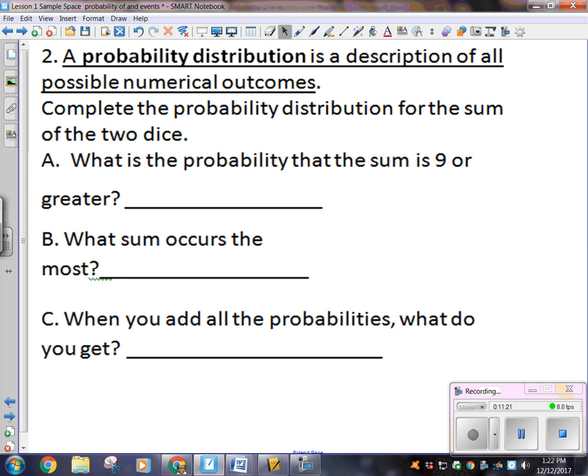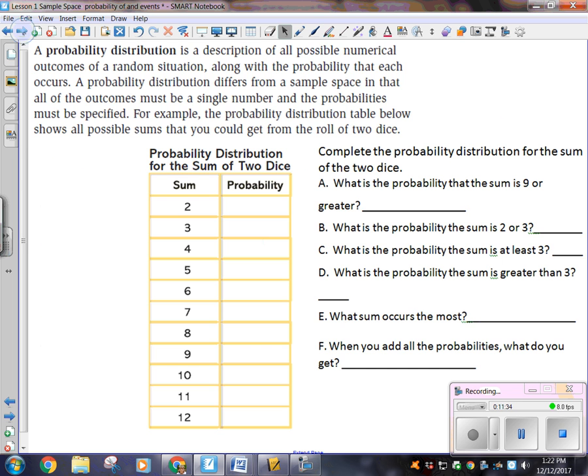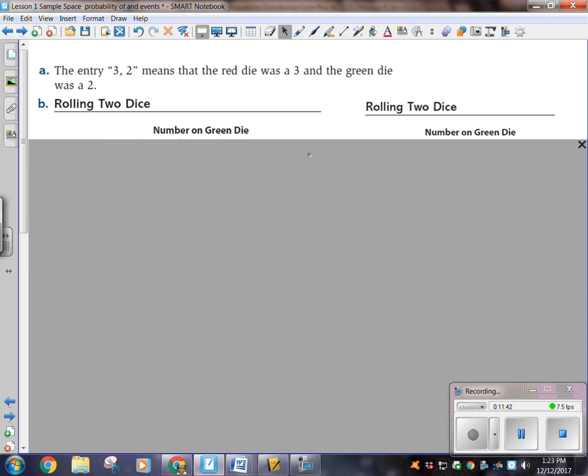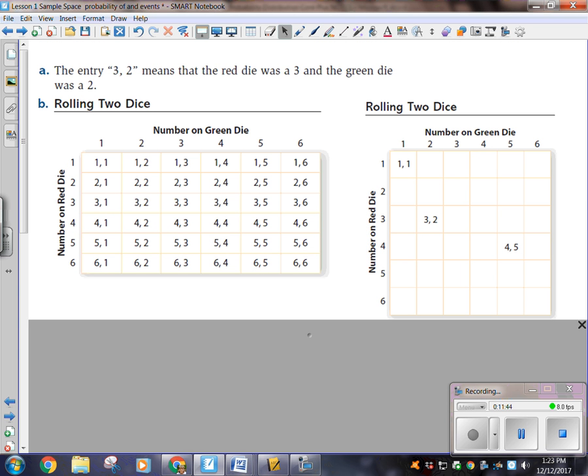All right, number 2. A probability distribution is a description of all possible numerical outcomes. Complete the probability distribution for the sum of the 2 dice. You guys have a table right there, right? Here's my sum right here. You're going to use that same chart from the front.